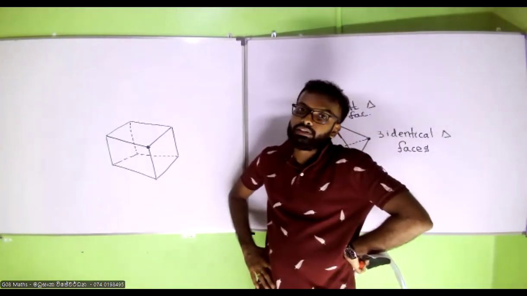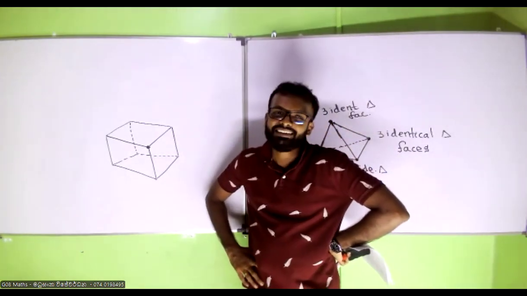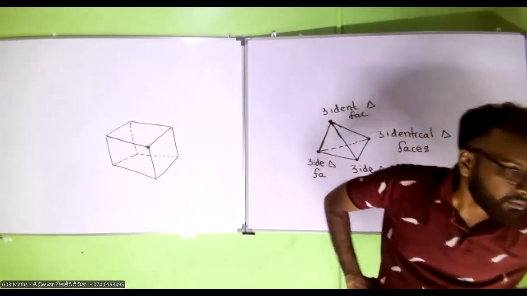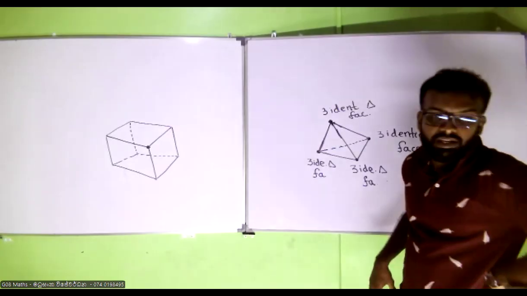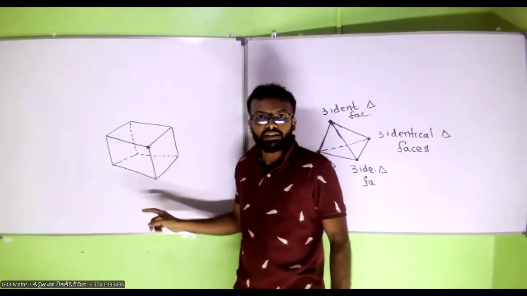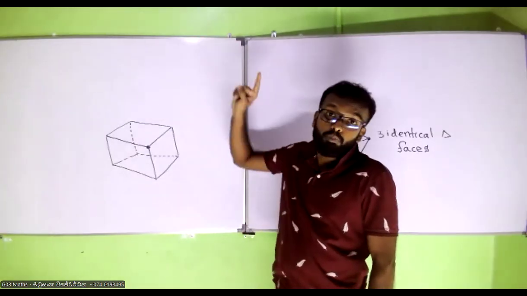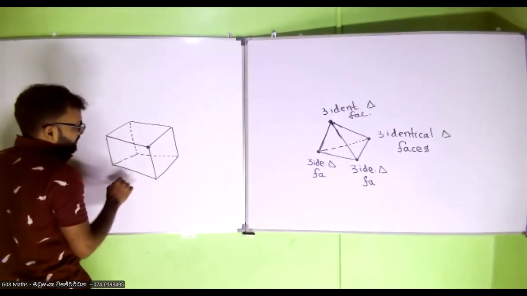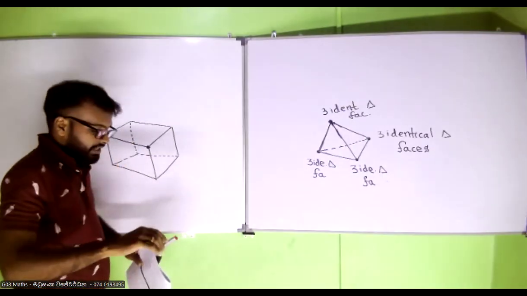Rectangle. Square. It should be square. Yes, it's a square. A rectangle may be possible, but I am asking about a cube.